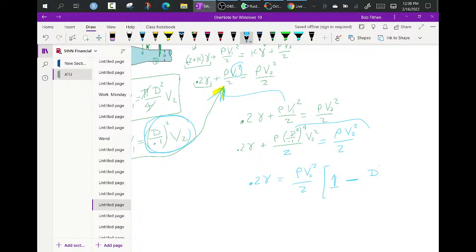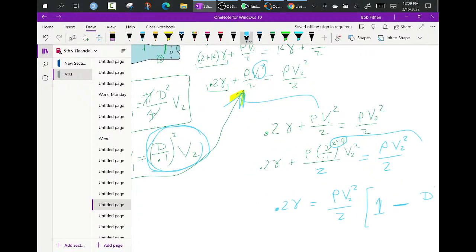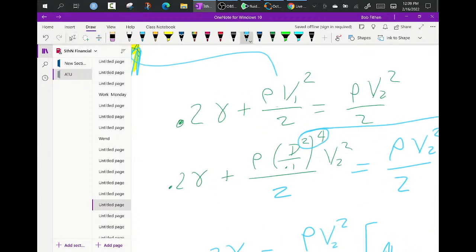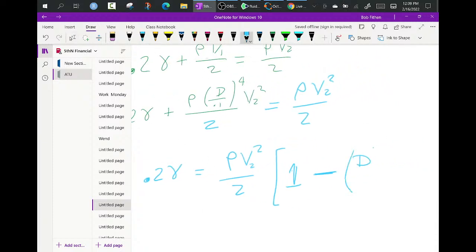Okay, so one of the things that I have to be mindful of is that, in fact, you're squaring a square, so this should be that, to the 4th.